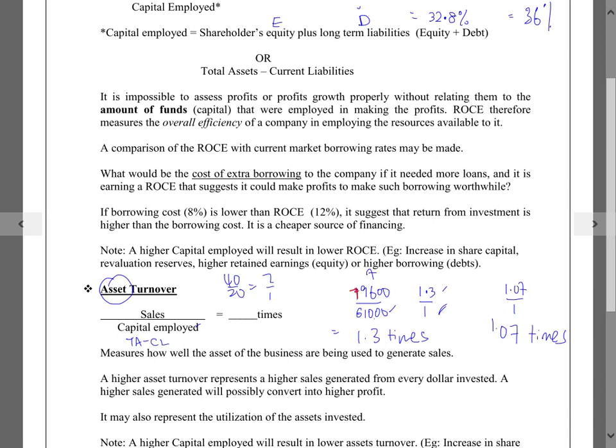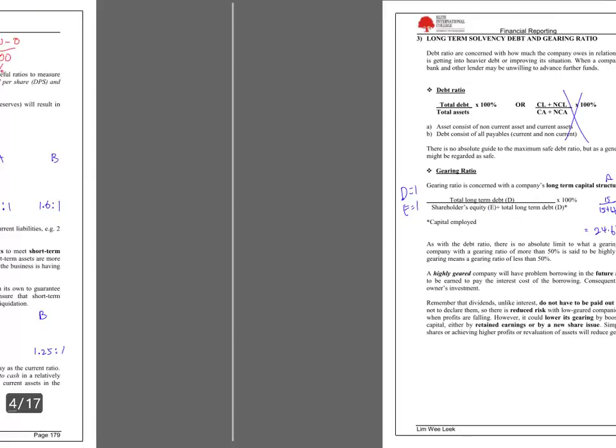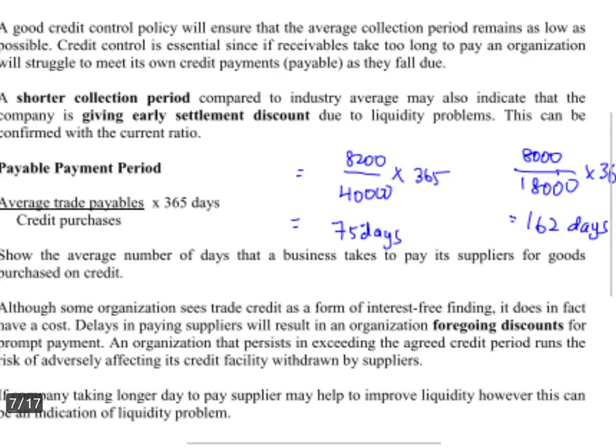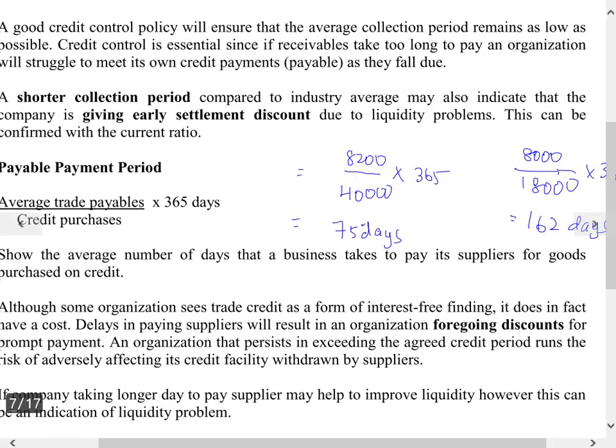Same thing for company A. They have a low gearing ratio. They have no problem paying off their liability or interest. In terms of efficiency, receivable and inventory are almost similar, though the trade payable is about 5 months plus. How many days? 162 days. So one thing here is they are taking more than 5 months to pay their supplier.